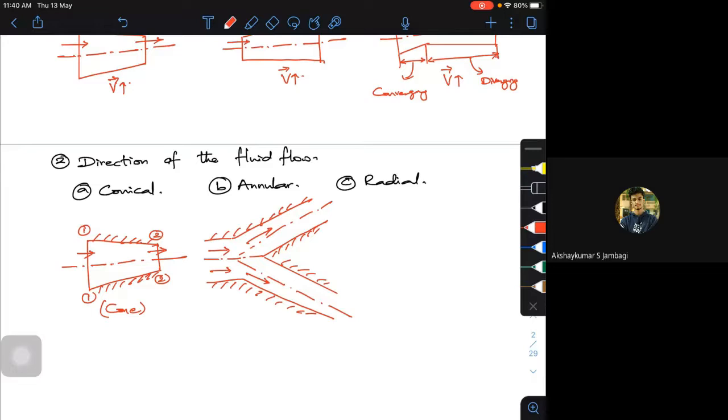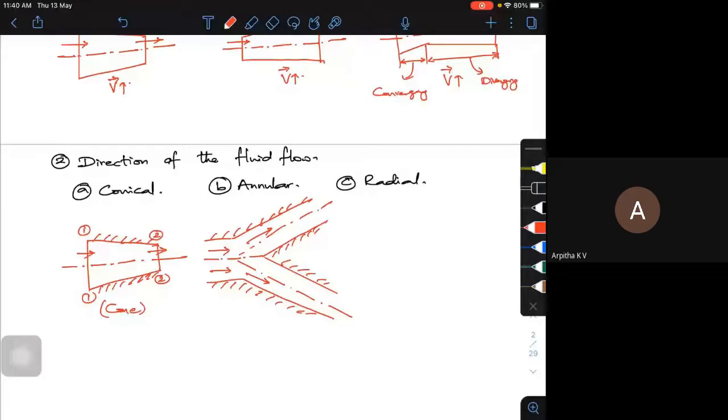And there is one more, very rarely used. Suppose I have a radial kind of machine, with an axis like this, and a hub.